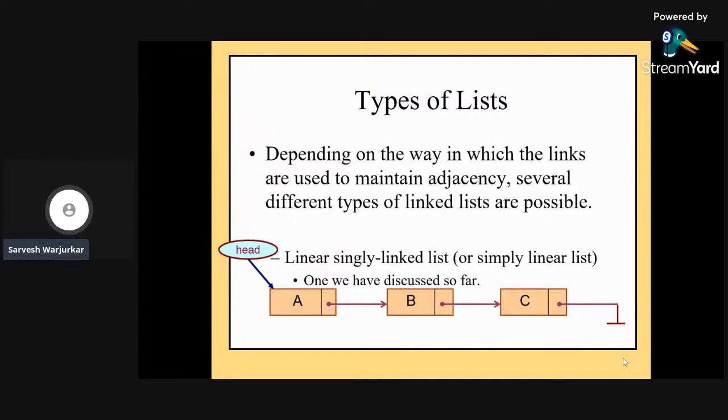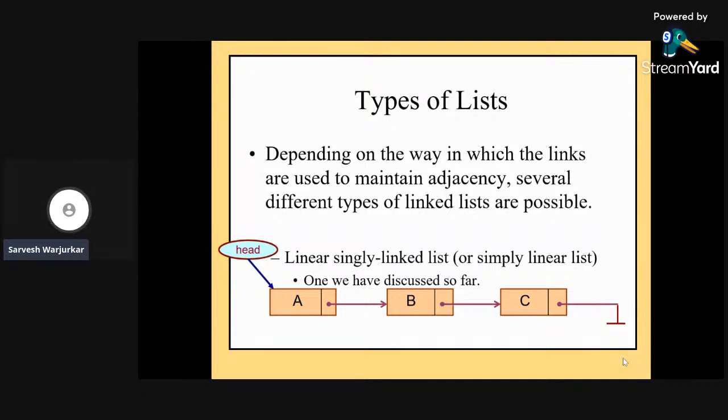Say, for example, A, B, and C are the three different elements in the given linked list, where A is carrying the address of B, B is carrying the address of C, and C is carrying the address of null. We have to change that address, and it should be the address of the first node, that is A.